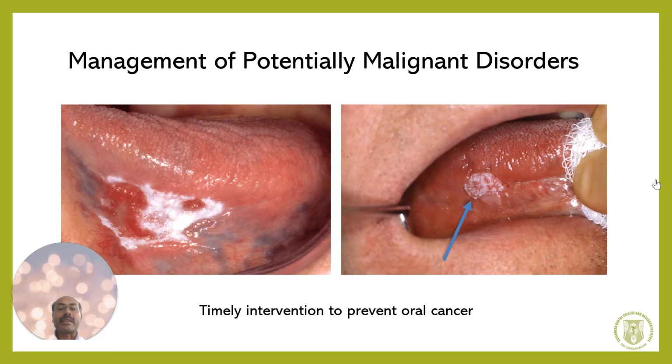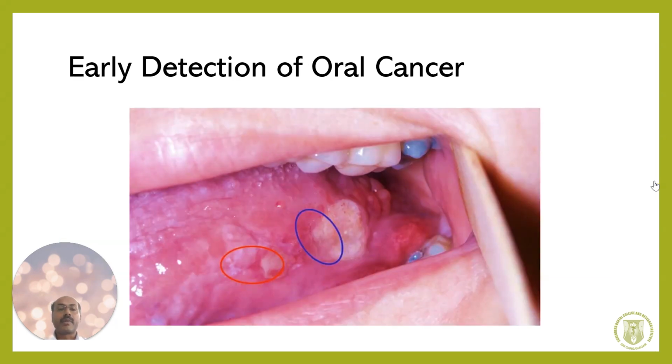In the management of oral cancers, it is always said that the earlier the lesions are picked up, the better it is for the treatment. So, diagnosing a potentially malignant disorder is usually done by providing a biopsy at an early stage, and timely intervention of oral cancers can be made.